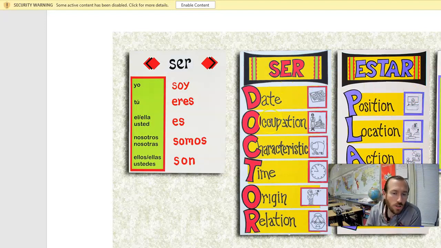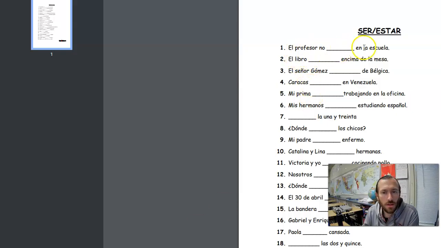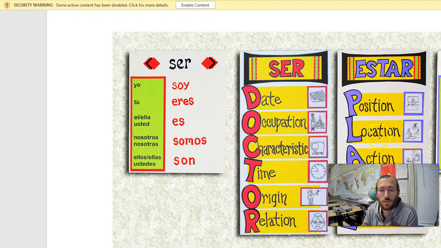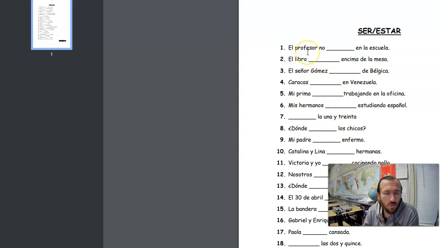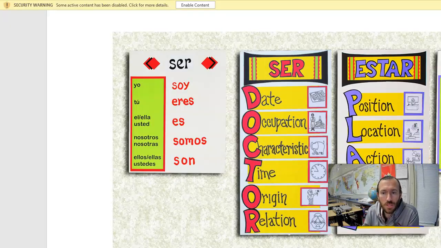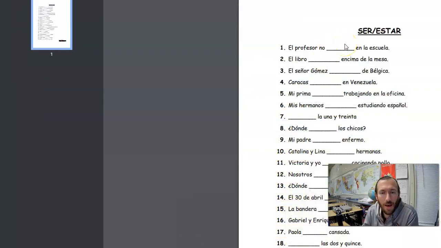Or date, occupation, characteristic, time, origin, talk about where something's from, and then relation between two things. So going back, escuela would be referring to location, and so that would be the verb estar. And since we're talking about el profesor, talking about him in the ella form, the correct answer for number 1 is está.